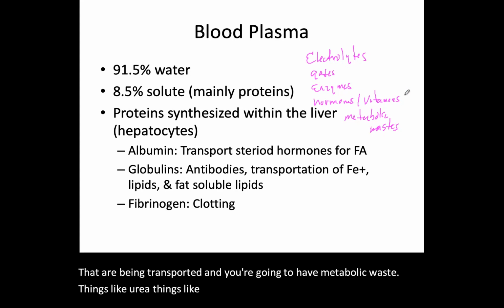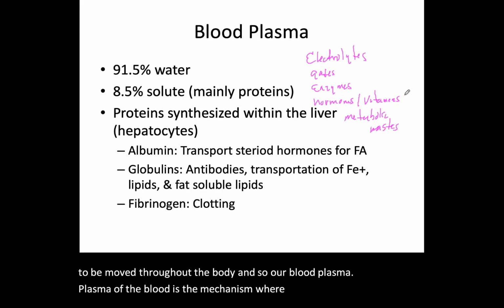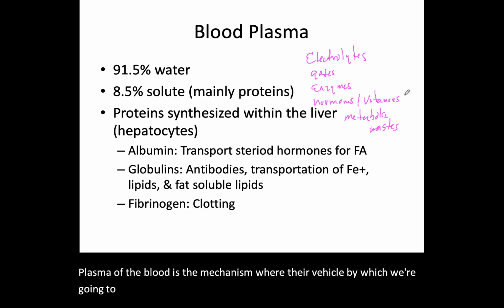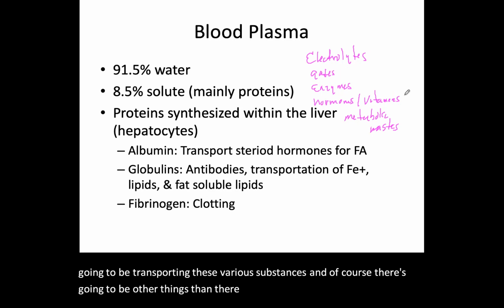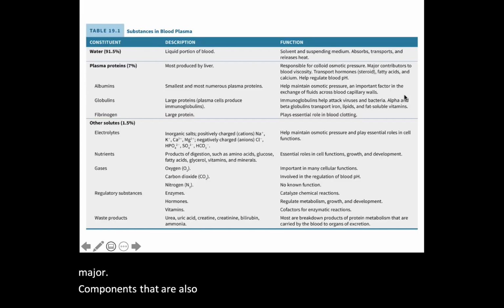These are all things that will have to be moved throughout the body. And so our blood plasma, or the plasma of the blood, is the mechanism or the vehicle by which we're going to be transporting these various substances. And of course, there's going to be other things in there as well. But this is a short list of the major components that are also found within plasma.